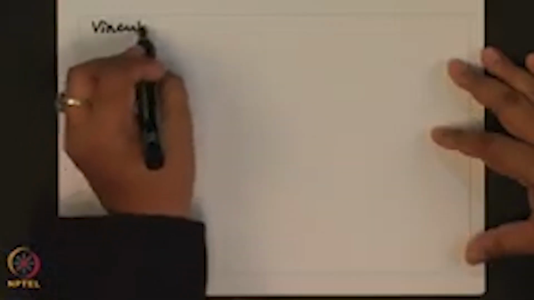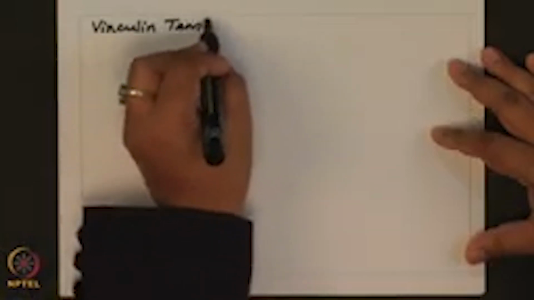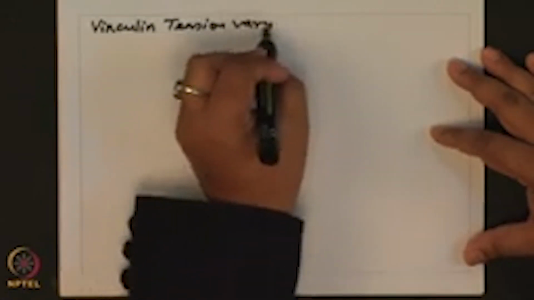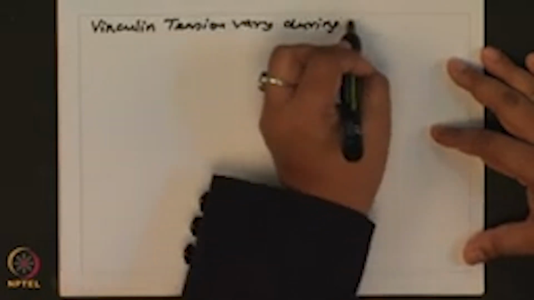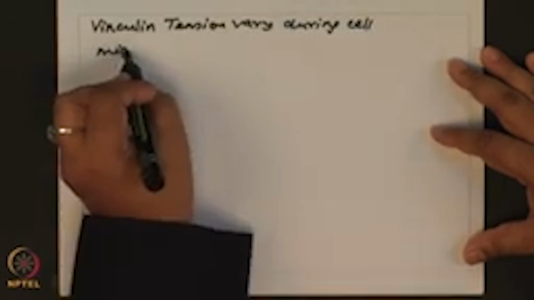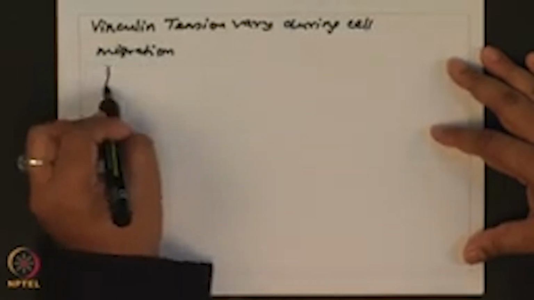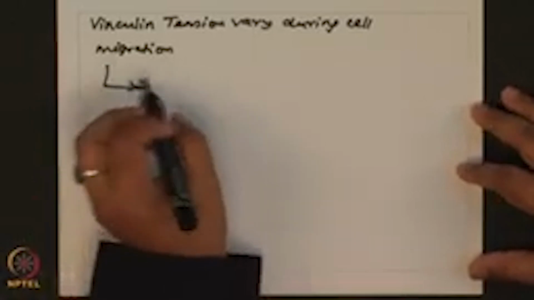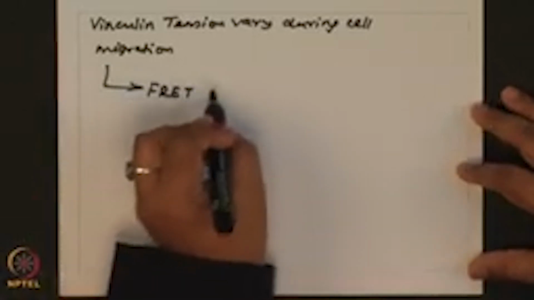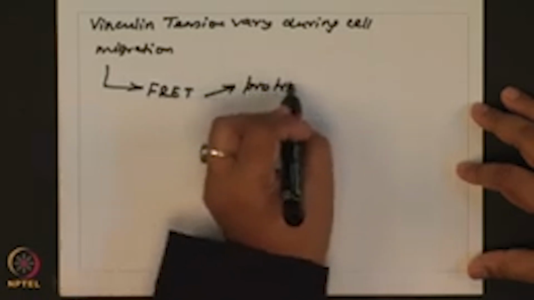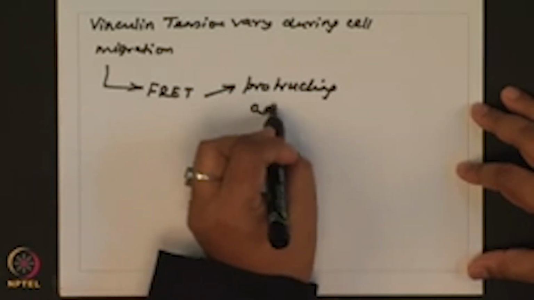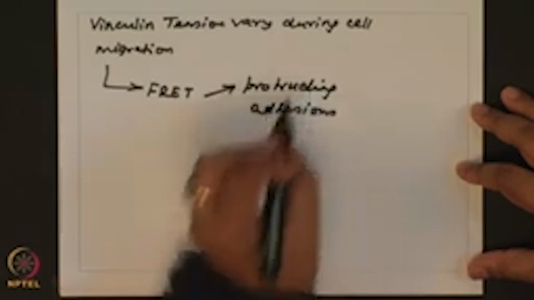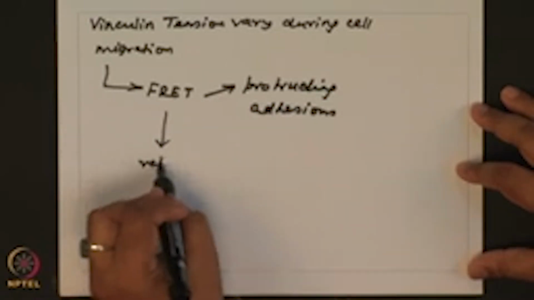They extended the study to ask how vinculin localization or tension in vinculin varies during cell migration. For this purpose, they tracked the FRET signal from the protruding side of the cell, from protruding adhesions and retracting adhesions.